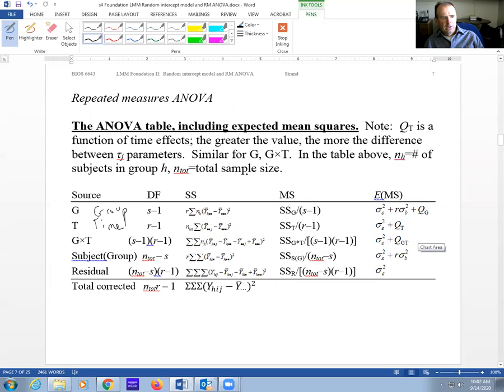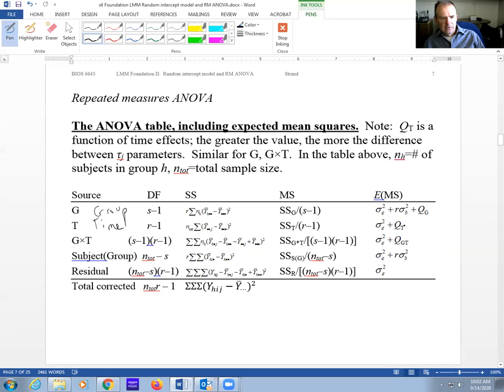And it's the same for g and g by t. This q is just a function of the effects for that source, and the bigger the difference between the effects, the bigger q is going to be. And when q is 0, that's saying that those effects are all the same. All of the groups are the same. If all the effects for time are the same, then q sub t is going to be 0.